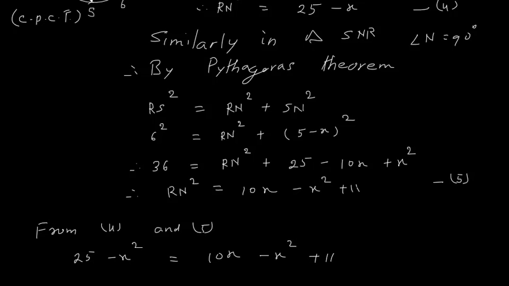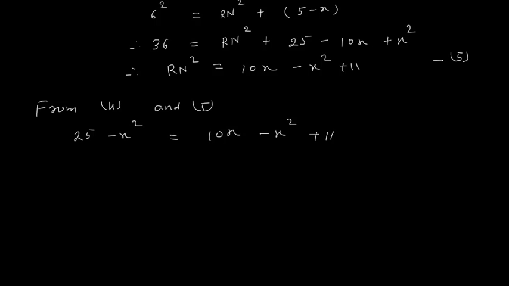Now x square is negative on both sides, so we cancel it. Therefore I get 10x is equal to 25 minus 11, which gives me 14. So the value of x is 1.4.